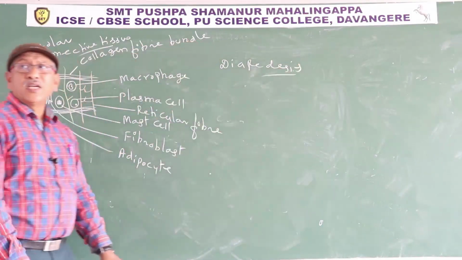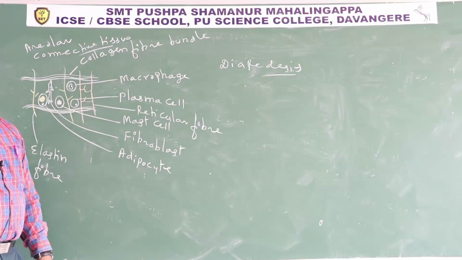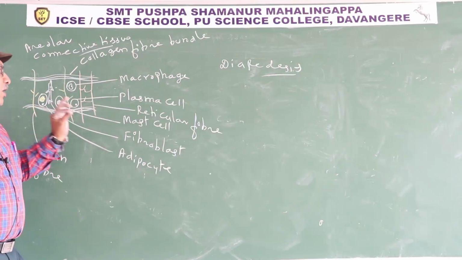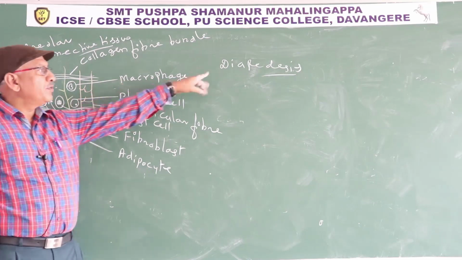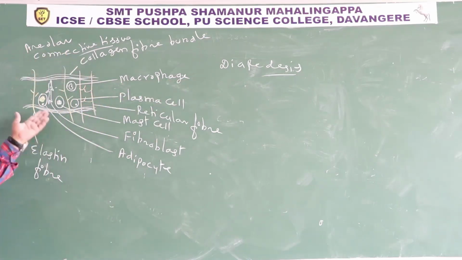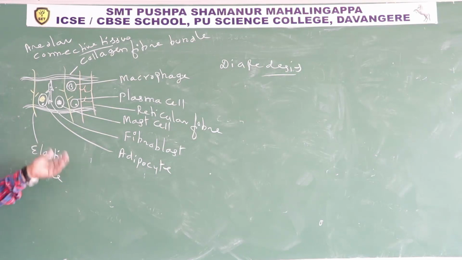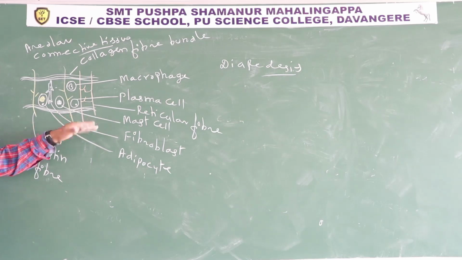All WBC exhibit diapedesis. What is diapedesis? The WBC escape from the wall of the blood vessel and enter into various tissues, known as diapedesis. So mast cells are nothing but basophils present in the connective tissue. We already discussed this in detail. For PU, no need to mention each and every point.